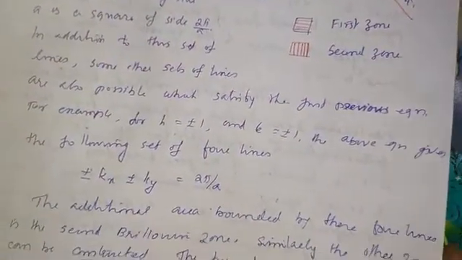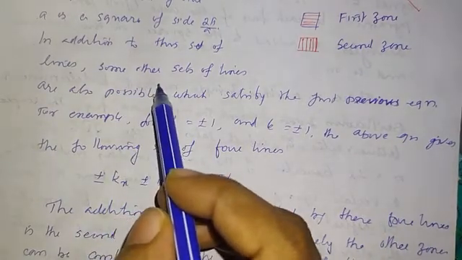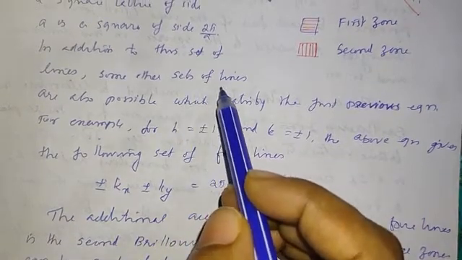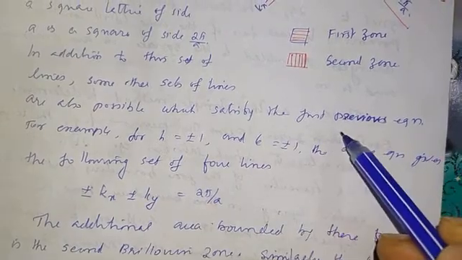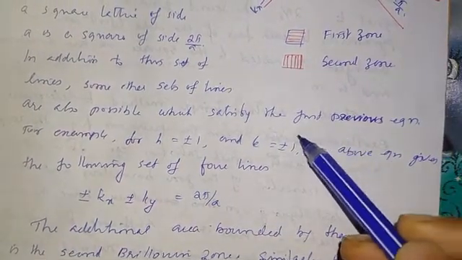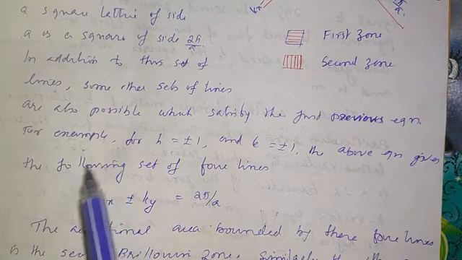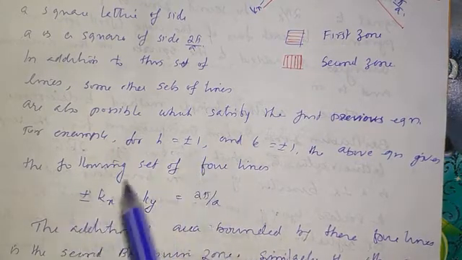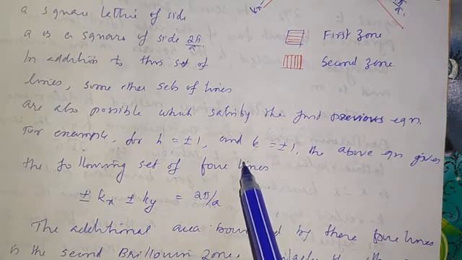In addition to this, some other sets of lines are also possible which satisfy the previous equation. For example, h is equal to plus or minus 1 and k is equal to plus or minus 1.